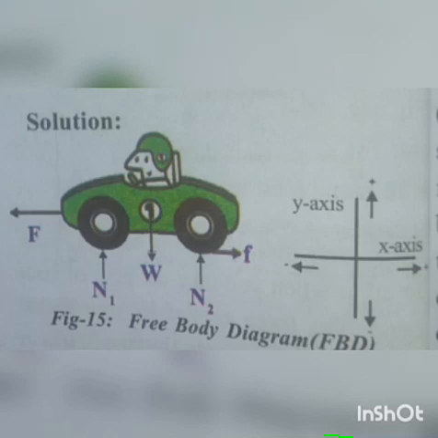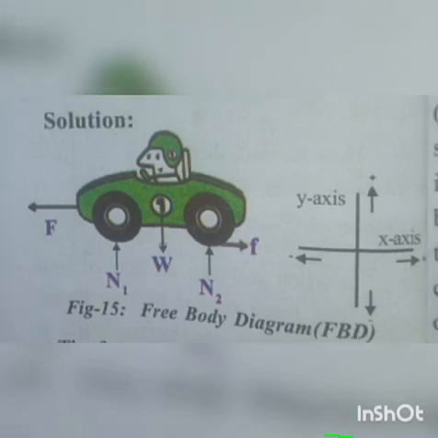Gravitational force, that is W, the weight of the car, works on the car in the downward direction, and at the same time normal force works on the car in the upward direction. That means here four forces are working on the car at the same instant. They are the force applied by the engine, the frictional force, the gravitational weight of the car due to gravity, and the normal forces.